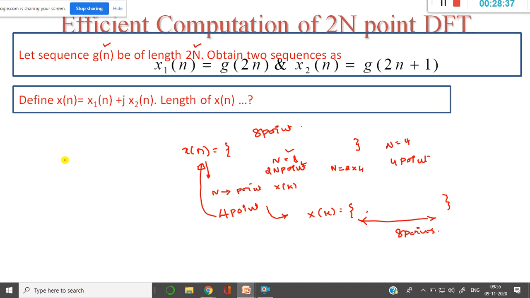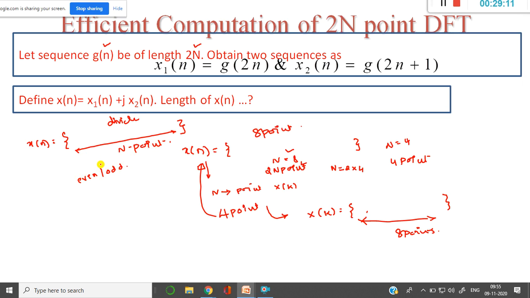So in such cases, I have a sequence x of n, which has N points. Now we simply go for the divide and conquer rule, as we did in the DIT-FFT method, dividing the x of n sequence into an even sequence and an odd sequence.